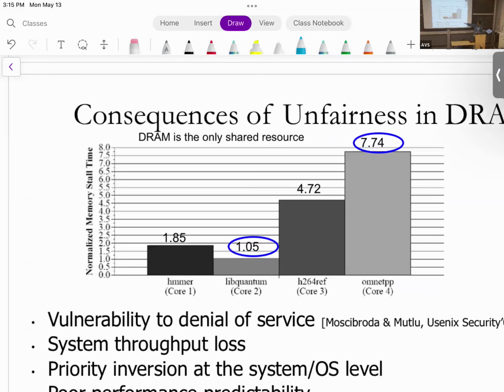So you actually get some idea of the consequence of unfairness. This is the normalized stall time for the processor. As you can see, some processors might see up to 7 times slower performance if you're not careful about this fairness problem. So things might get better for some, but others might get a lot of latency.